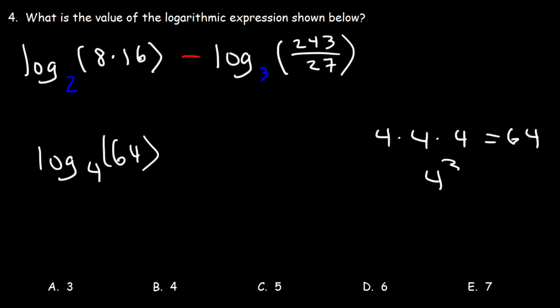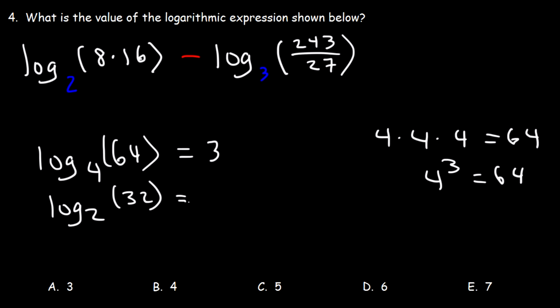So we have to multiply 4 three times to get to 64. So log base 4 of 64 is 3. Now let's say we want to find log base 2 of 32. We need to multiply 2 five times to get to 32, because 2 to the 5th power is 32. So log base 2 of 32 is equal to 5.